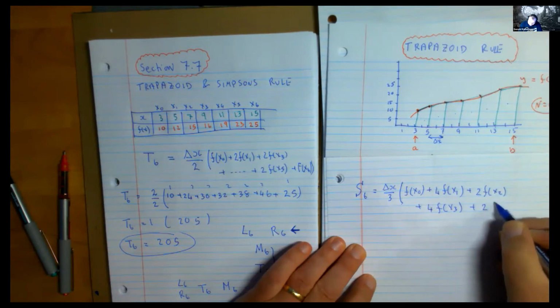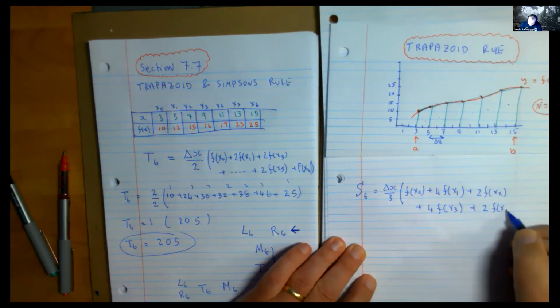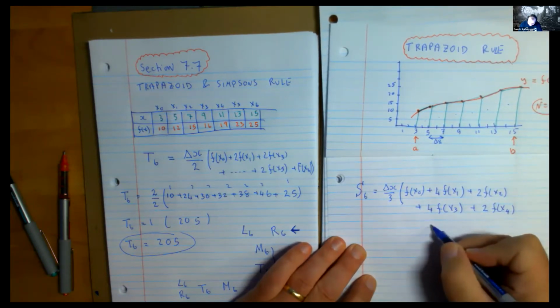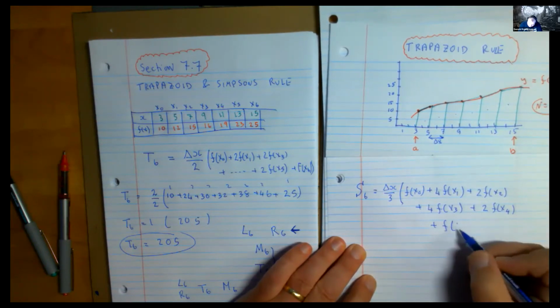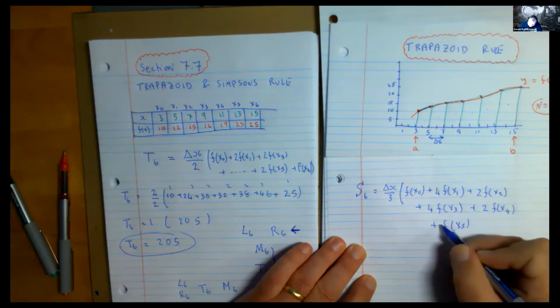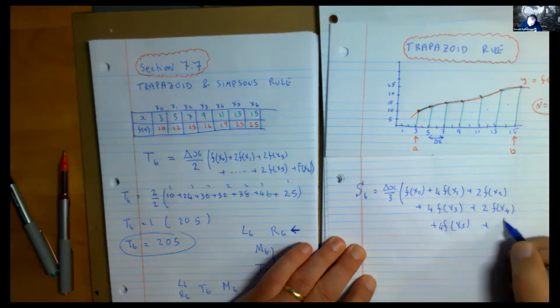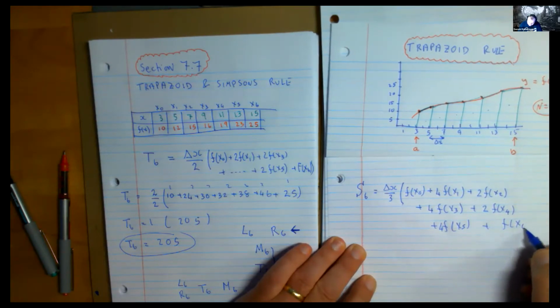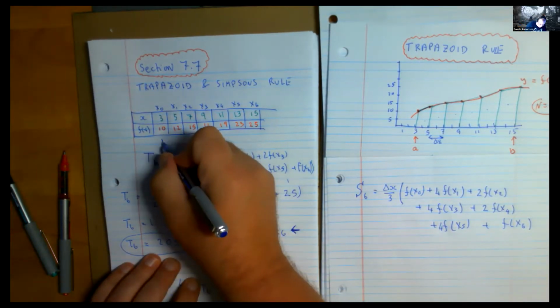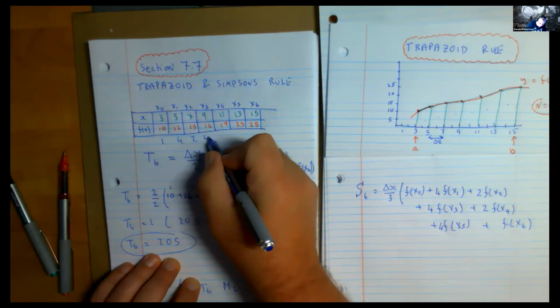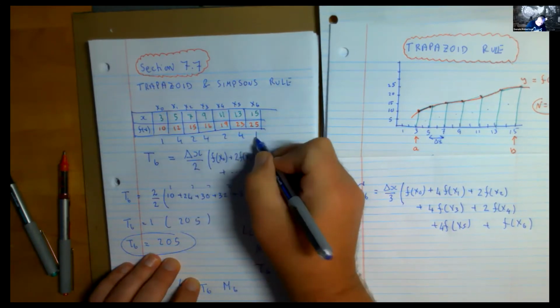The next guy twice. The next guy 4 times. And then the last guy once. So what does that look like? The pattern is 1, 4, 2, 4, 2, 4, 1.